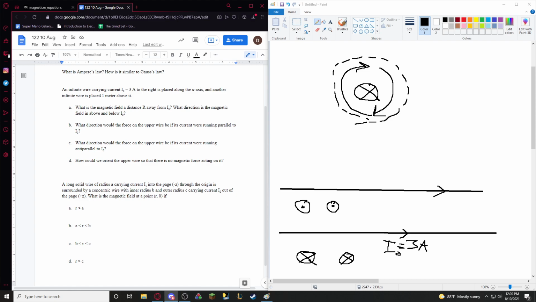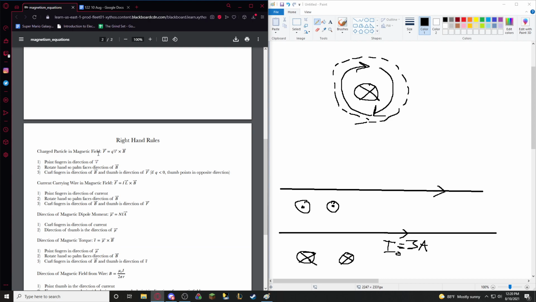Would we use that second rule, the force? It's equal to the current times the length of the wire across the magnetic field. So what direction do your fingers point? Point fingers to the current, so it will go right.